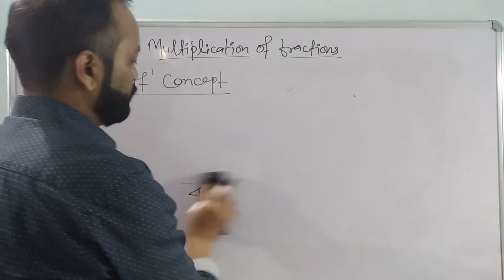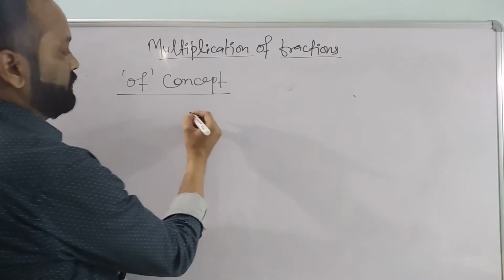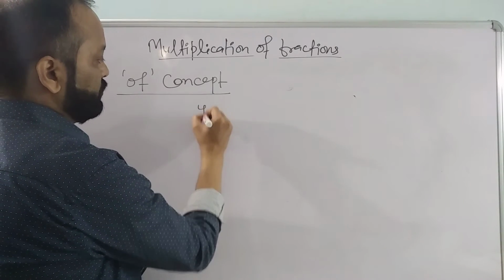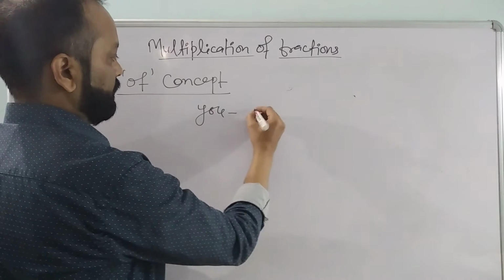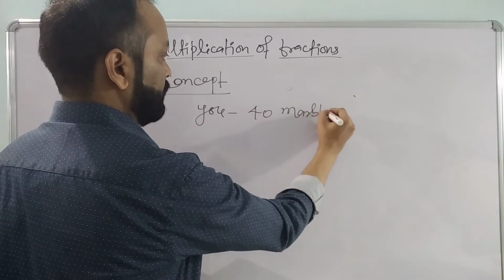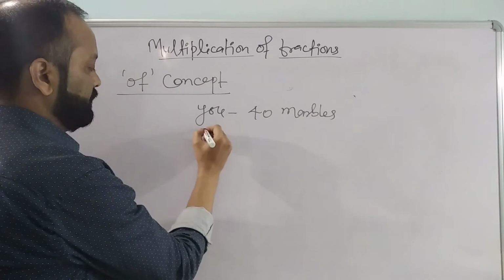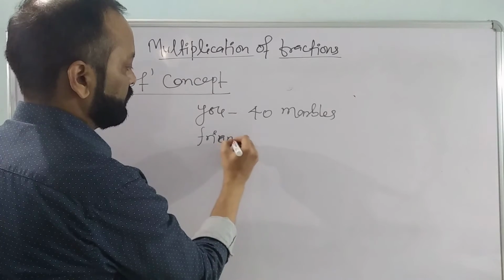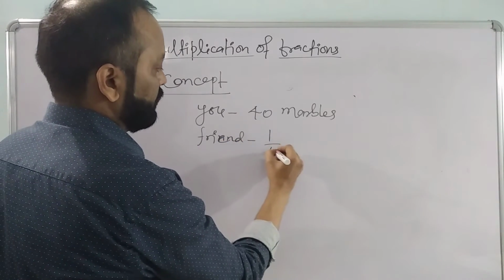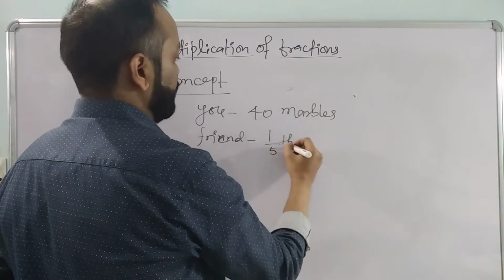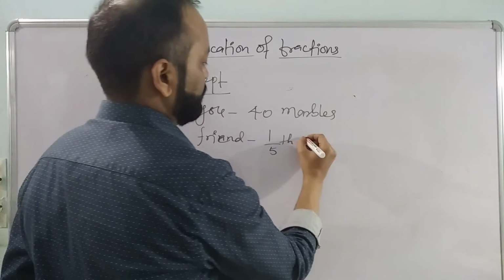How will you get the question actually? Let's suppose the question is, you are having 40 marbles and your friend is having one-fifth of the marbles that you are having.